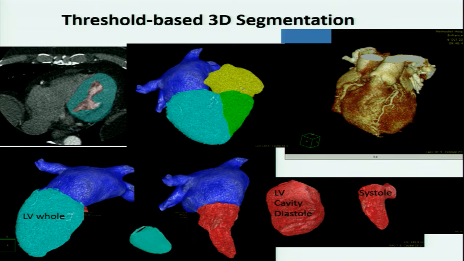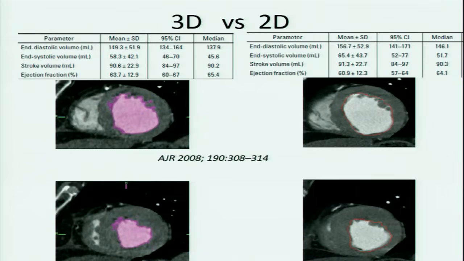Then what's relatively unique with CT is that if you have good signal, you can take advantage of the difference in signal contrast intensity between the left ventricle cavity and the LV myocardium, and this is almost completely automated. I'll show you an example later. Between the 3D method and the 2D method there are slight differences, but overall very good correlation.